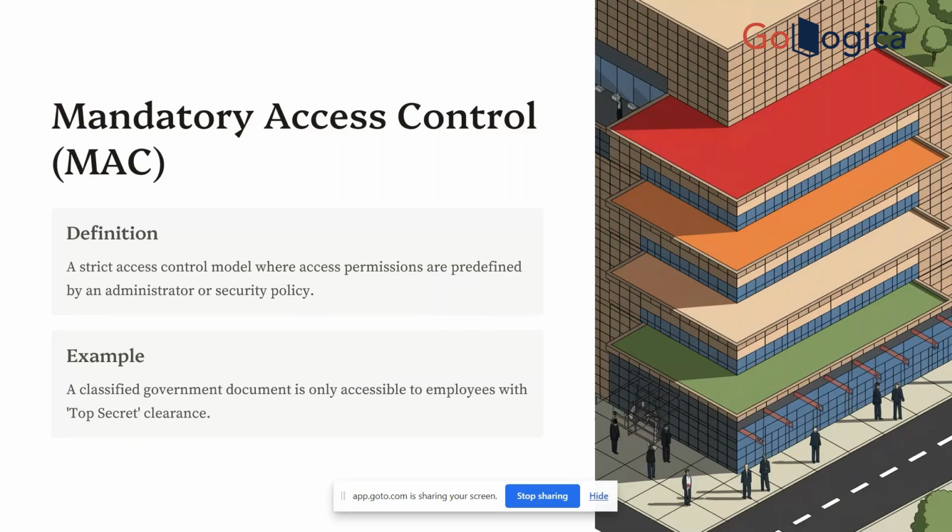For example, a classified government document is only accessible to employees with top secret clearance. So it's mandatory access control. There should be some administrator in our organization, so they have a certain kind of accessibility and can do a certain kind of task.